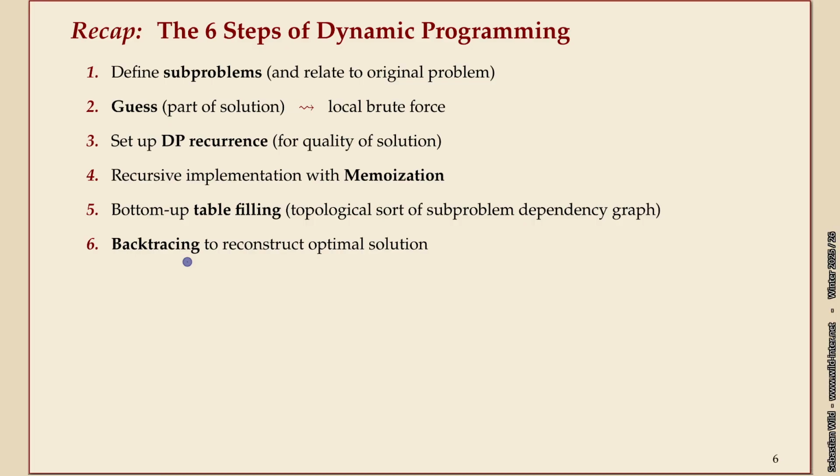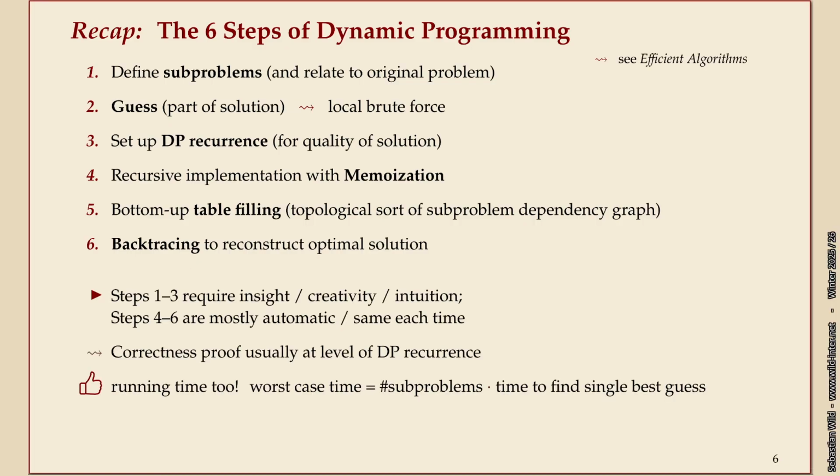That's essentially a meta algorithm. It's an algorithm that generates an algorithm, and that one finds you the best solution. Okay, so the first 3 steps are where the creativity and insight into the problem are needed. The rest is automatic. If you want to prove correctness, you do this at the level of the recursion. And you can also guess what the final time is.